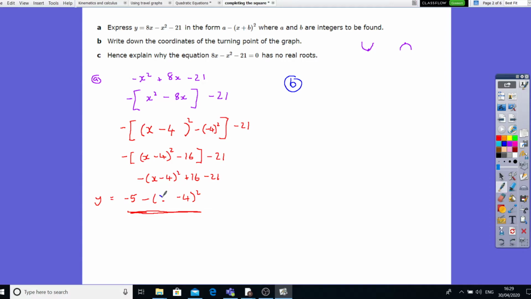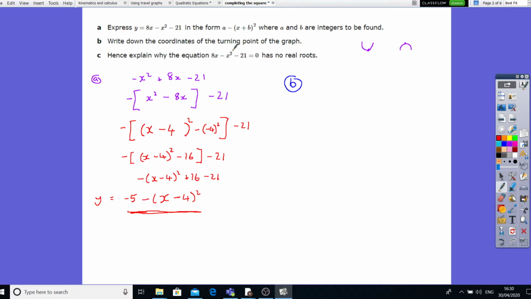That is going to be x minus 4, so that's the same as that with the square outside, not a square there, and then 16 minus 21 is minus 5.